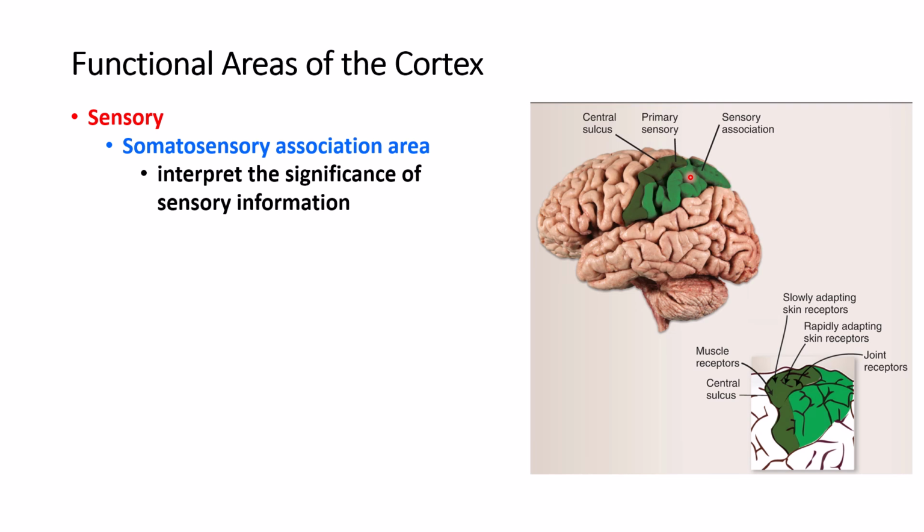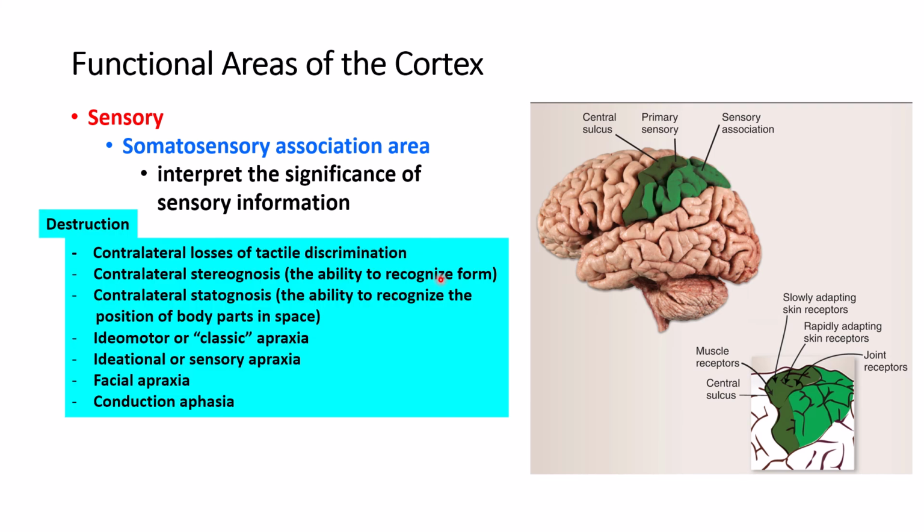If that thing was touched before, you recognize it, because the information is stored there. So the somatic association area is helping the primary sensory area. It has a lot of information about previous sensory stimuli.